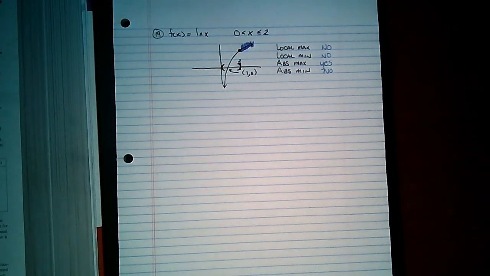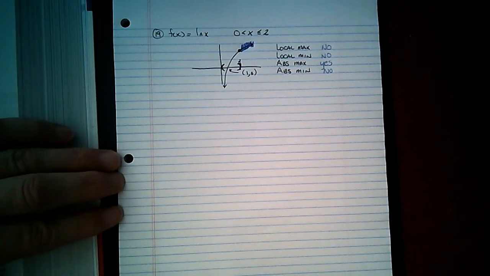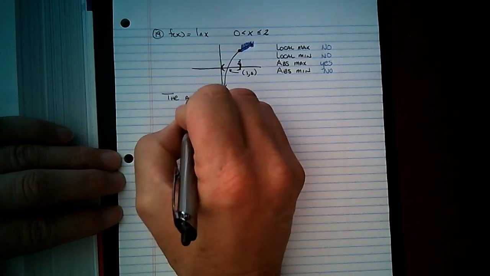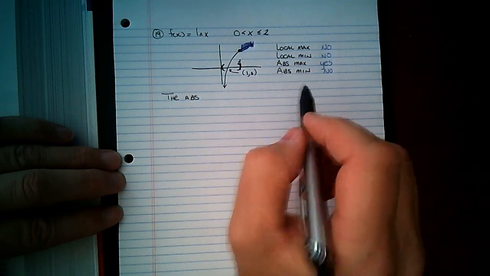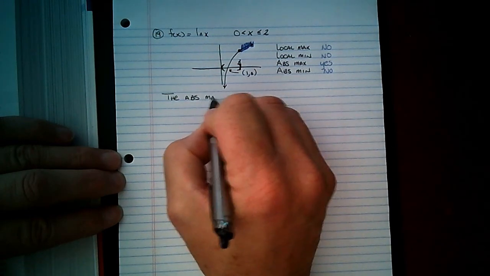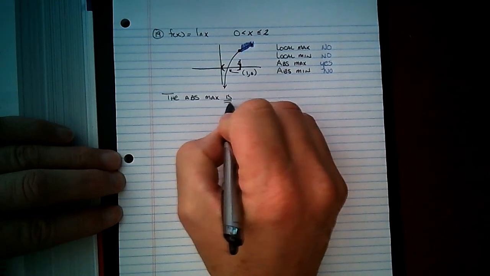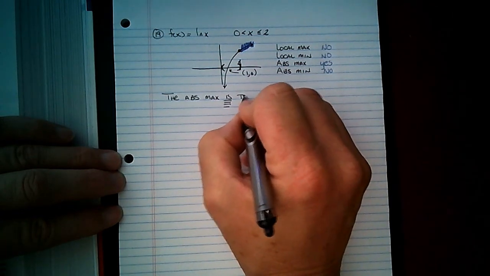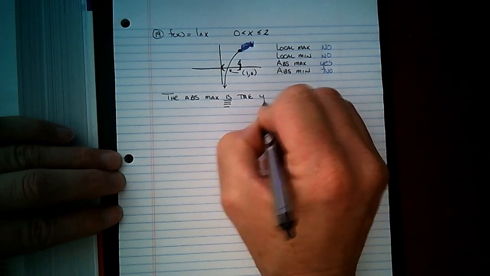Now, we need to identify and make sure we are clear on what the absolute max is. This is true for all of these, by the way: the absolute max, the absolute min, the local max, the local min. The absolute max is, and I'm going to underline that a bunch of times because it's very important, the y value.